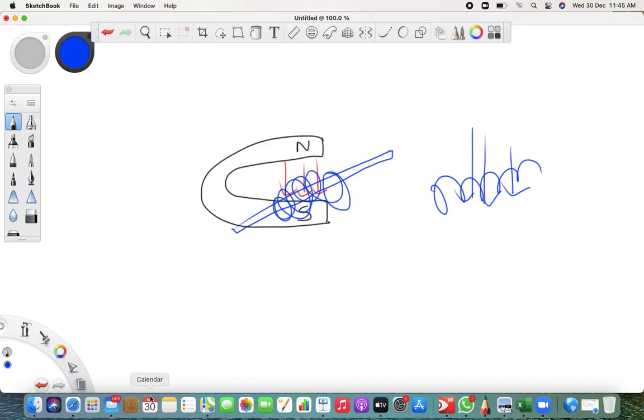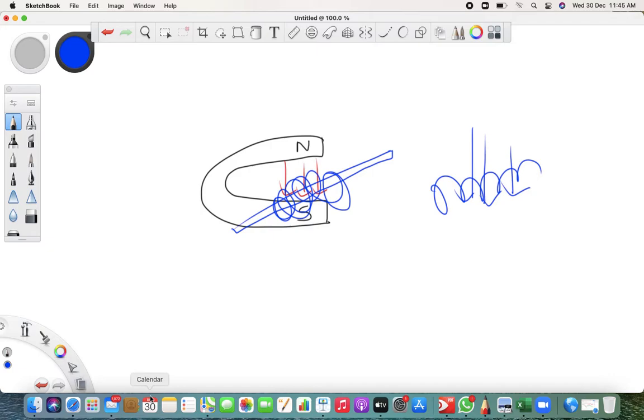Again I repeat, understand what the scenario is. We have a current carrying wire, and a current carrying wire has a magnetic field around it. Second, we have a permanent magnet.